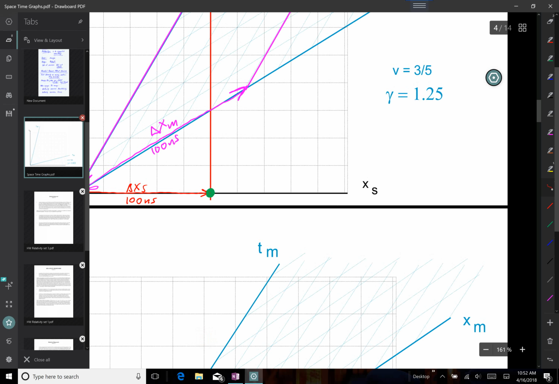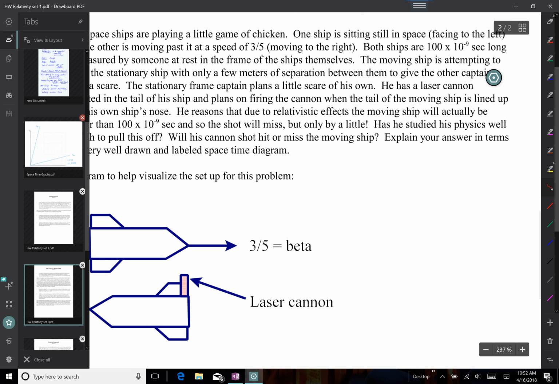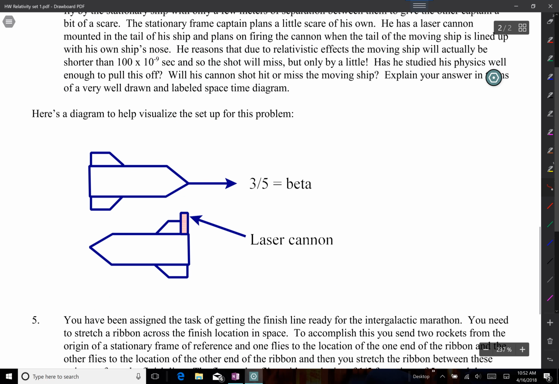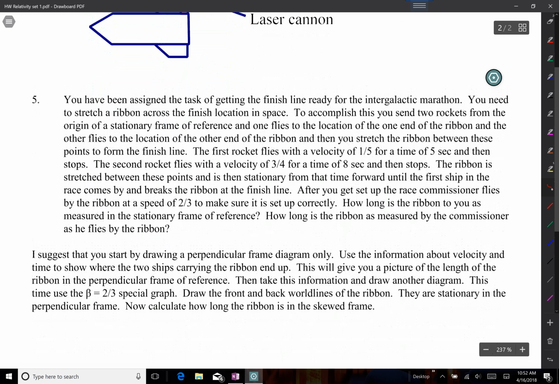Then we have a problem where we have some information given about spaceships flying, and let's see, what's some information here we can pick?